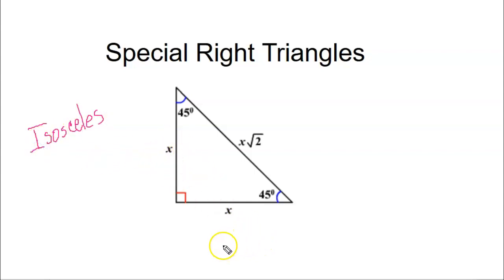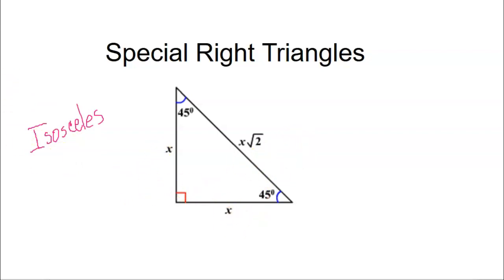You can at that point use the Pythagorean theorem if you want to, or you can just remember that for those isosceles right triangles, the hypotenuse is always going to be times the square root of 2. So if this side happens to be 5, that would make this side 5, and this side 5 square root of 2.